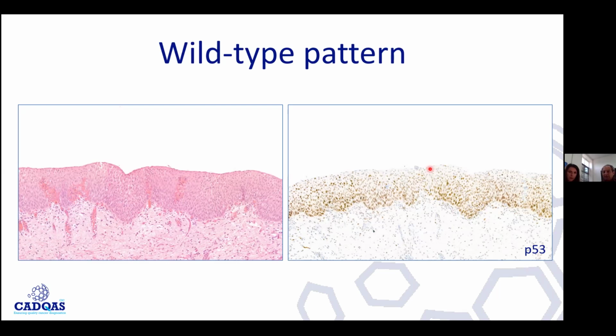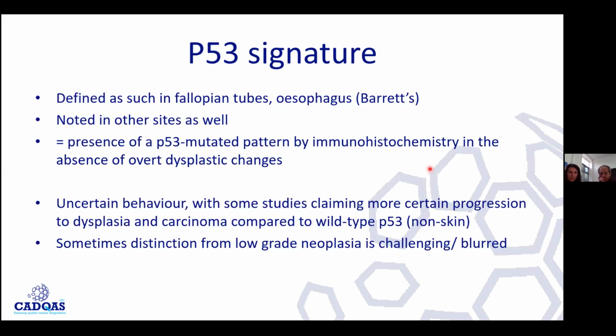But this is not an indication that there is a mutation in P53. Do you think it would be wrong to call this overexpression? Yes, but that doesn't matter. The reason is reactive.